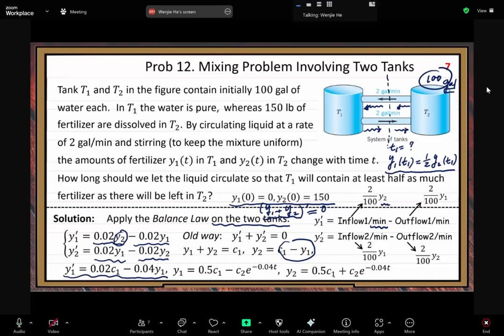Before the last step, we need to determine C1 and C2 using the initial conditions. Because it's pretty easy, I skip that part: C1 is 150, C2 is 75.